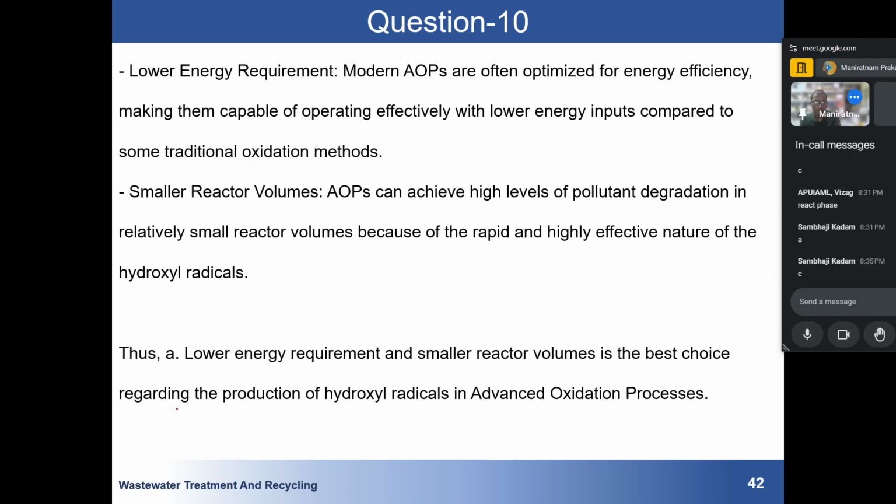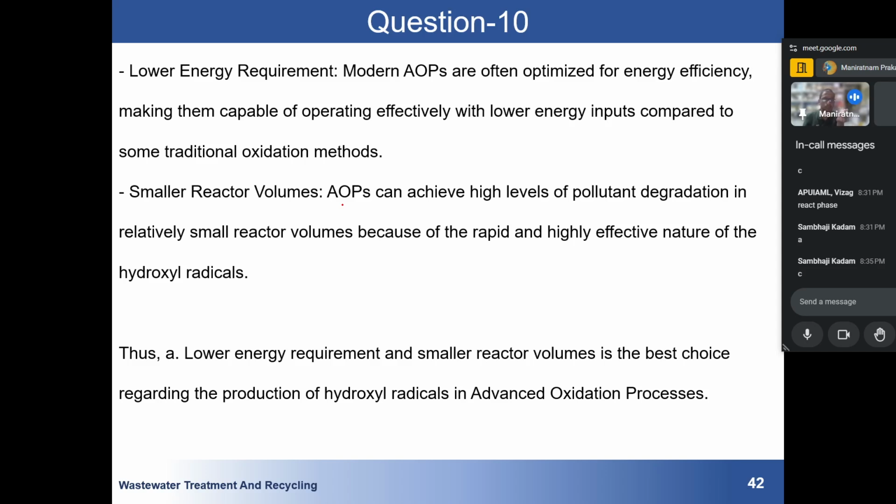Modern AOPs are often optimized for energy efficiency, making them capable of operating effectively with lower energy inputs compared to some traditional methods. A smaller reactor volume can achieve a high level of pollutant removal in a small volume.